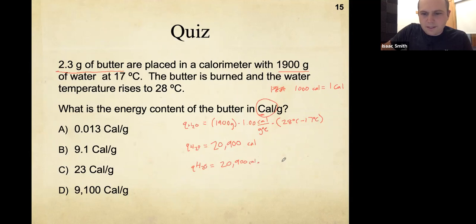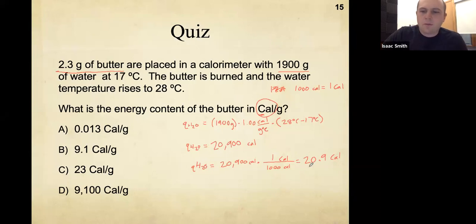And then if I convert this, I can say 1,000 calories is equal to 1 food calorie, or calorie with a big C. So I do that, and then I should get 20.9 calories with a big C, right?